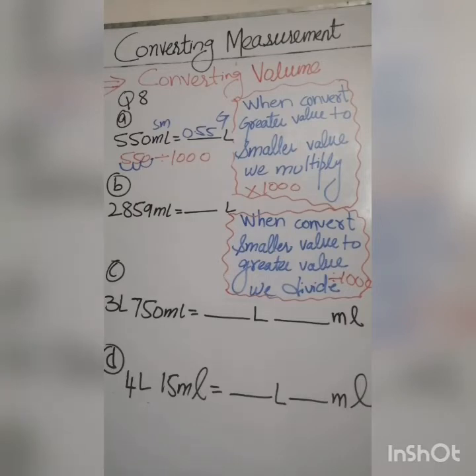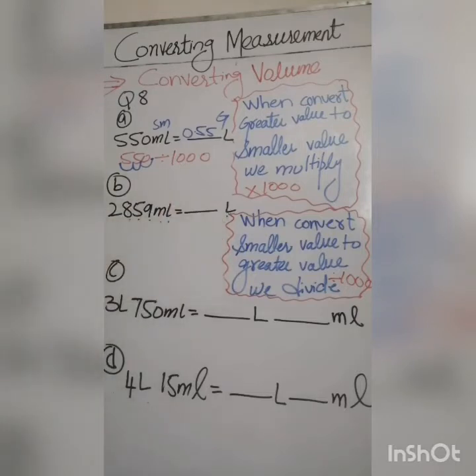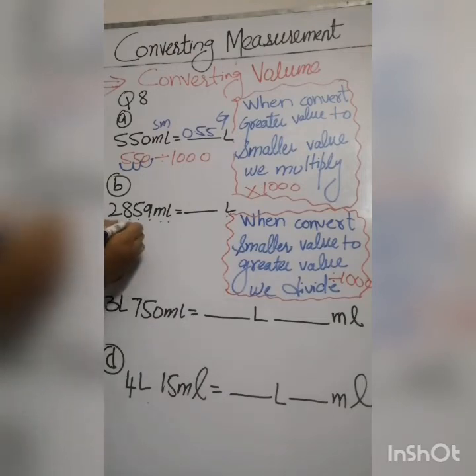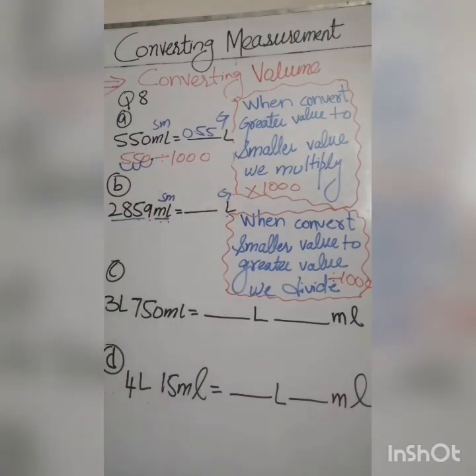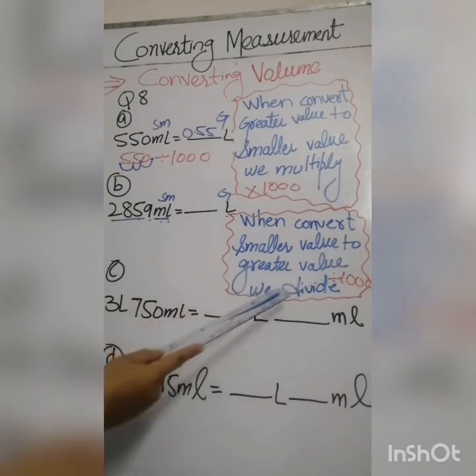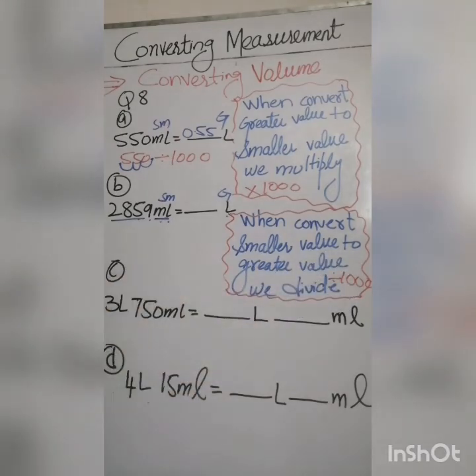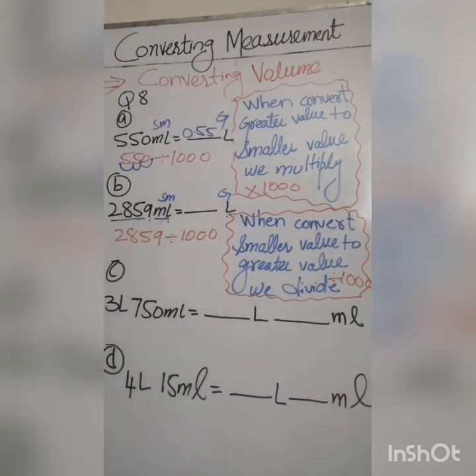Now we have part B, 2859 ml. We are going to convert it into liters. When we convert smaller value to greater value, we divide it by 1000. So when 2859 is divided by 1000, we get 2.859.